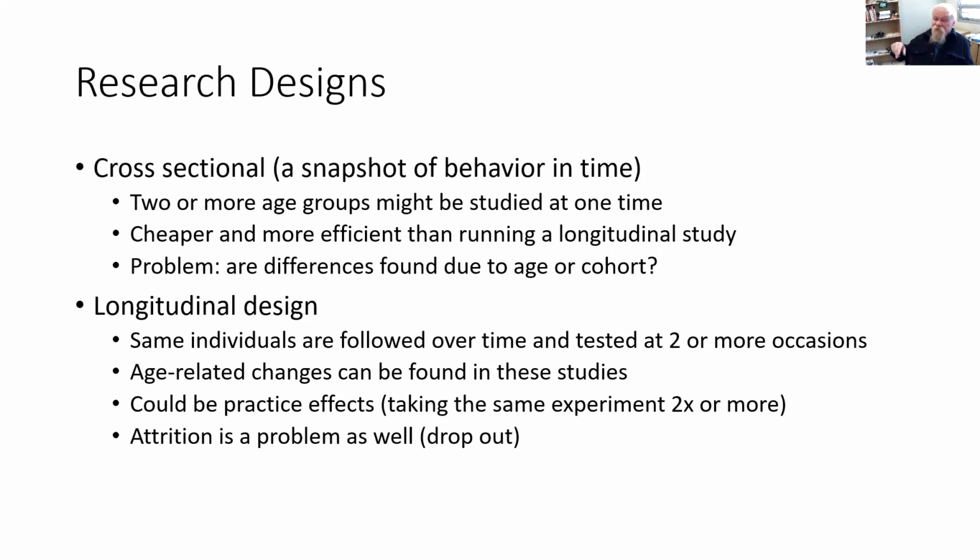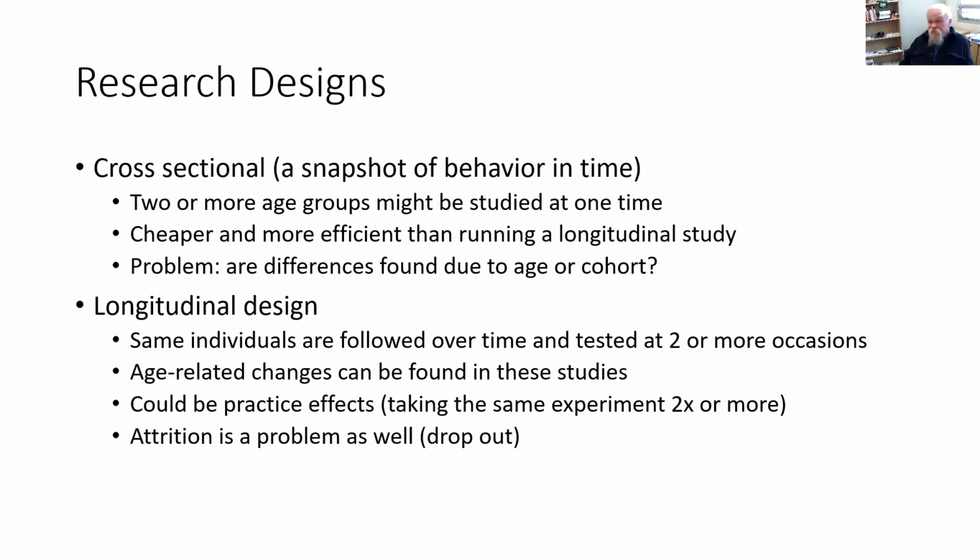And then we can measure them again 10 years later, right? And so you might get three snapshots over time, but you're following people over time, okay? So the same individuals are followed over time and tested at two or more occasions. That's kind of the longitudinal research design.